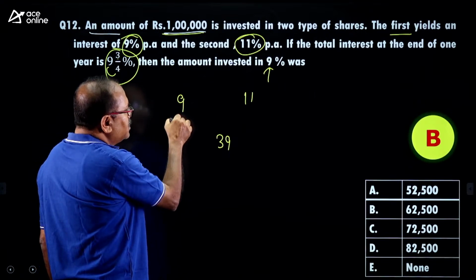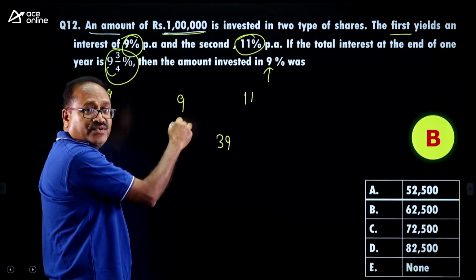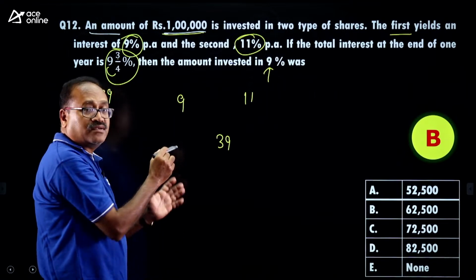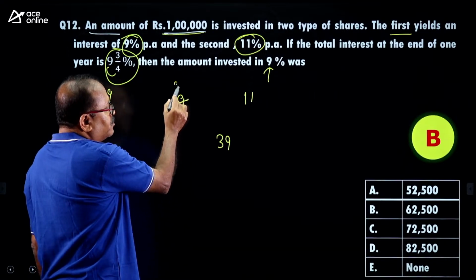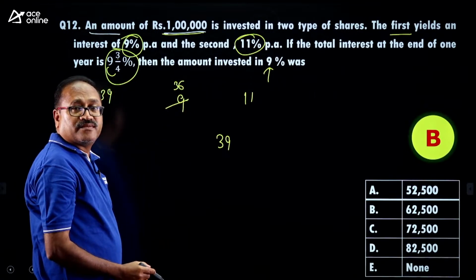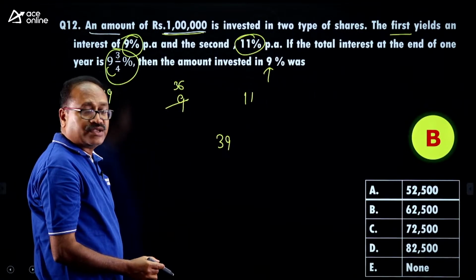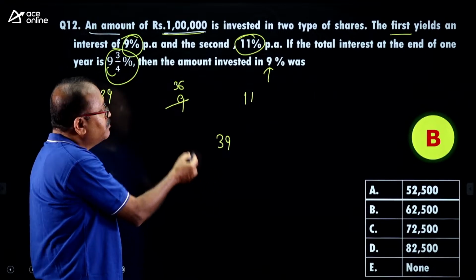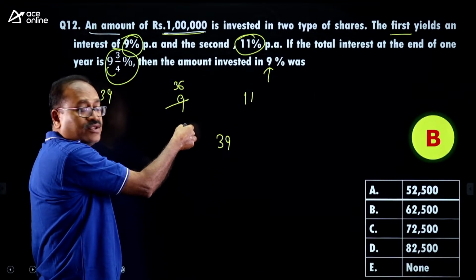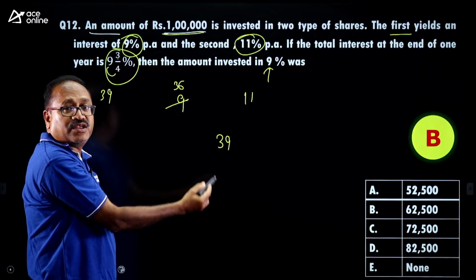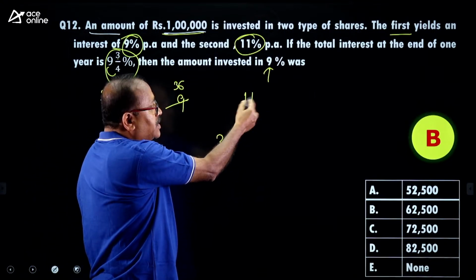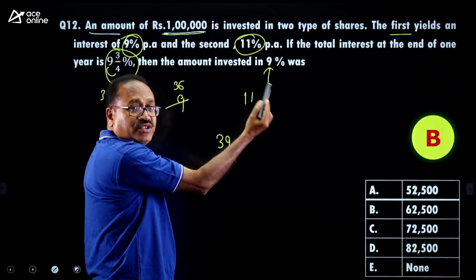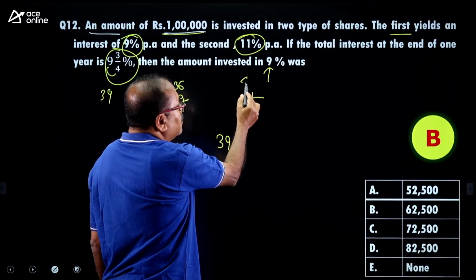So I will also multiply these by 4 by 4 and remove the 4 denominator. So 9 into 4 is 36. Are you understanding this part? This is 39 by 4. Multiply this by 4 by 4. So 36 by 4, remove the denominator. 11 into 4 by 4, that is 44 by 4. Remove the denominator. So this will be 44.